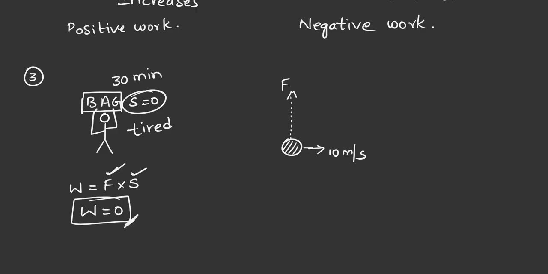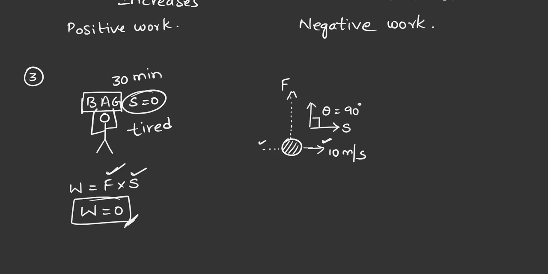This force, unlike the previous cases, is neither acting in the direction of motion of the body nor opposite to the direction of motion. It is entirely in a different direction. If the body is moving this way, the displacement is in this direction, but the force is in the upward direction. You can simply say the angle between them is 90 degrees.